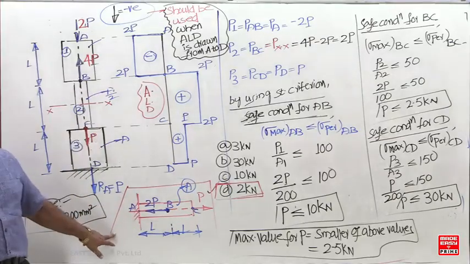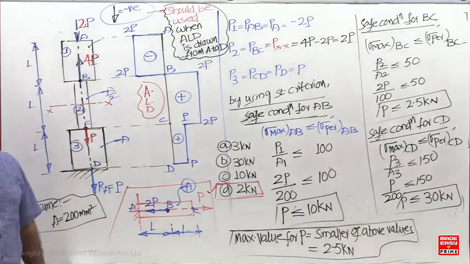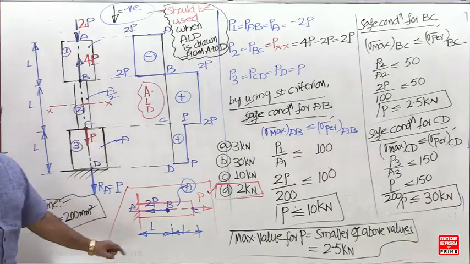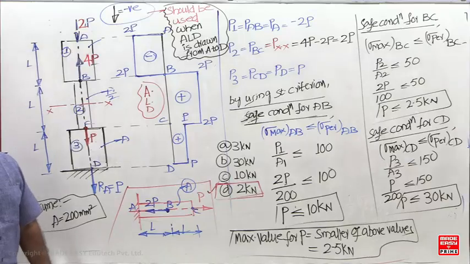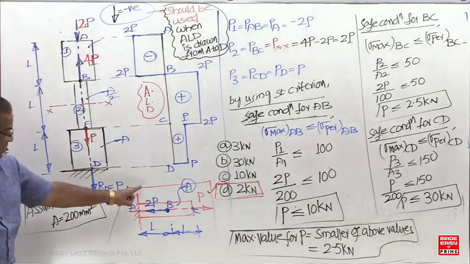For this example, which method is the best? Which method do I have to use? Shall I use the section method or ALD or free body diagram or shortcut method for this question?